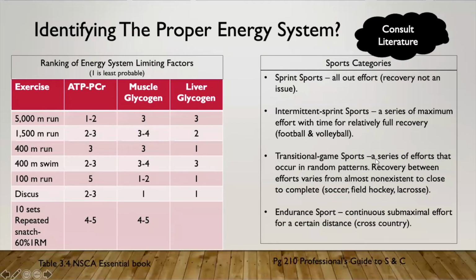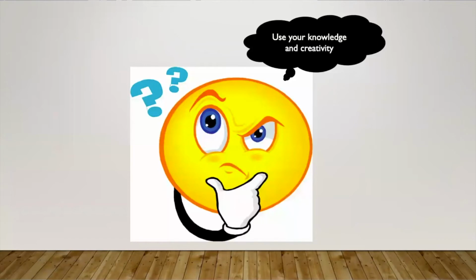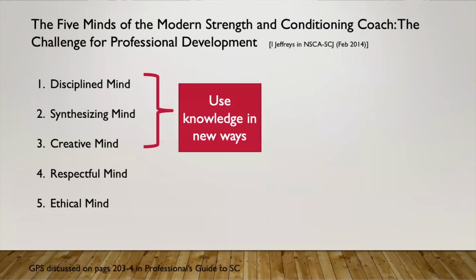You can use that information to help you think about which energy systems are going to be fundamental or going to be used. But I would like to suggest that you can also use your knowledge and your creativity. There was a cool article published by Jeffries a few years ago, and he identified 5 minds that are characteristic of the modern strength and conditioning coach.